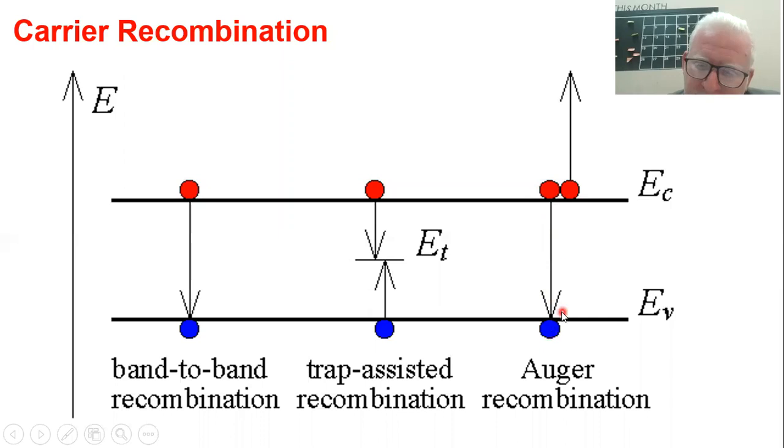So in this case, you don't have either a photon or a phonon emission, because the potential energy inside the electron is transferred totally to another electron, and the first one returns back to the valency band. These are the three main scenarios for recombination in semiconductors.